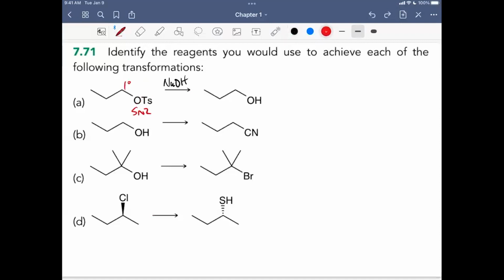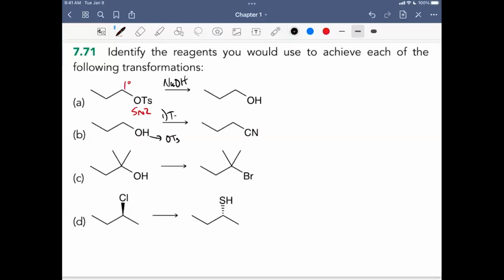But how do you go from a bad leaving group? Remember, alcohol is a bad leaving group, so it can't really leave if it's a primary carbon you're dealing with. How can it go to CN? Well, if you watched my previous video or you've been paying attention in class, you can change this into a good leaving group, this OTs.